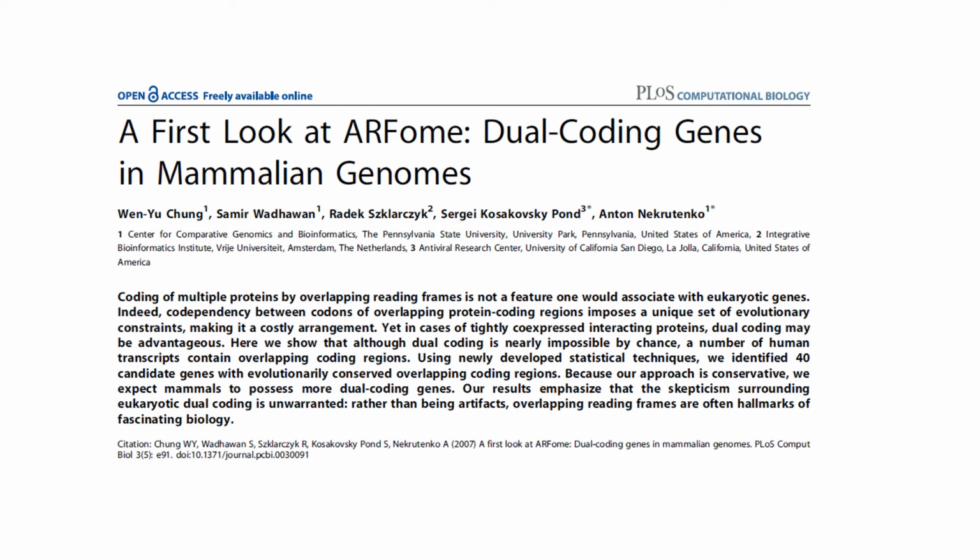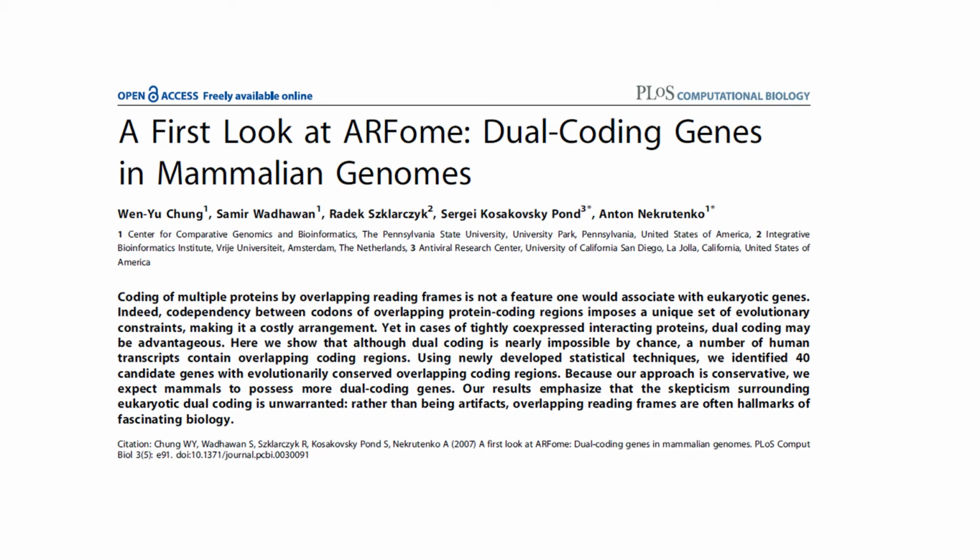And that is precisely what this paper here mentions, that this was the beginning of the discovery of this sort of dual coding genes. And let us begin reading part of the abstract together.